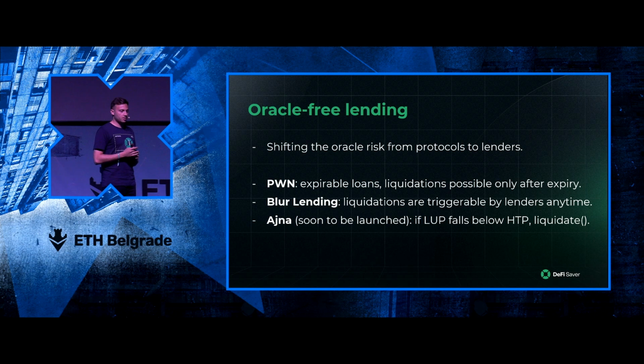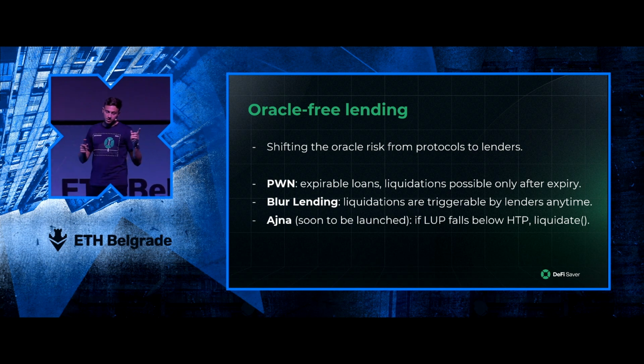One good example of that is the next project I want to talk about, and that's Ajna Finance. They're yet to be launched, and it's a bit more complex than the previous two, since it has a variable liquidation price based on two parameters. I will not get into details, but the first parameter is called lowest utilized price, and the second one is called highest threshold price.